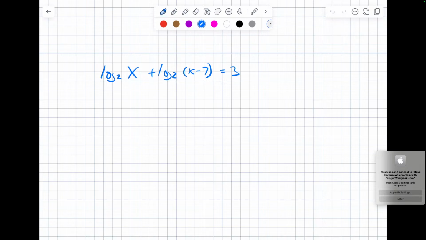This is the expanded form. What can you do in the expanded form? You can condense, good. Mr. Waddell will be proud of you. Okay, so now I combine both.